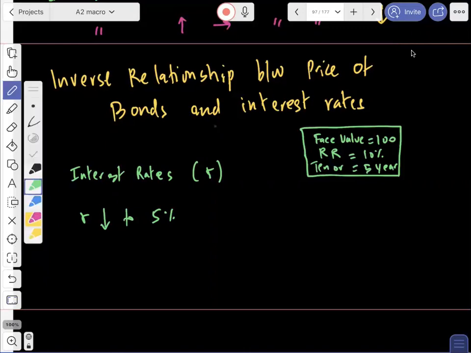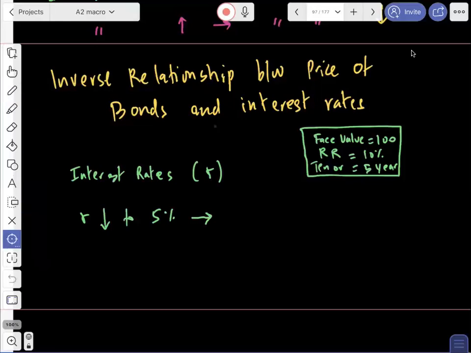If interest rates fall, suddenly when the interest rates go down, a bond that gives you a 10% return will have a rise in demand. A lot more people will be demanding something that gives you 10% return because interest rates are lower than the rate of return on the bonds.